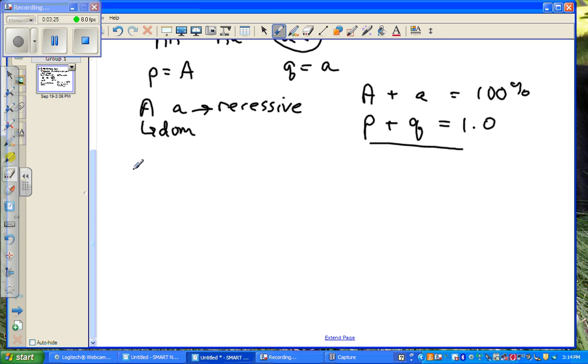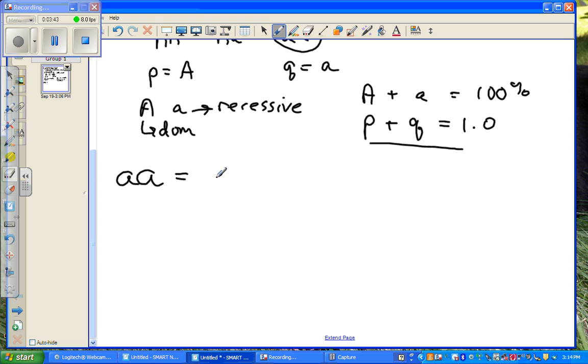Okay, so let's say that we've got a population that has a frequency of the recessive phenotype for some gene of 4%.